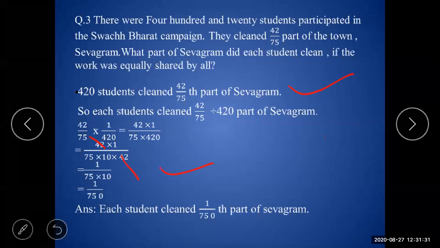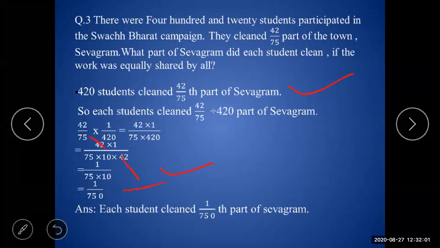So we got upper as 1 and downward as 75 into 10. 75 times 10 is 750. So each student has cleaned 1 upon 750 part of the Sevagram.